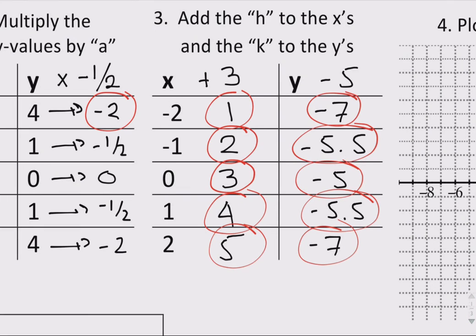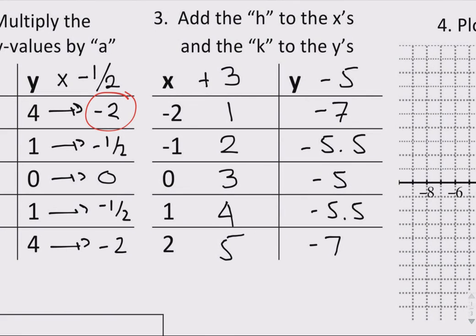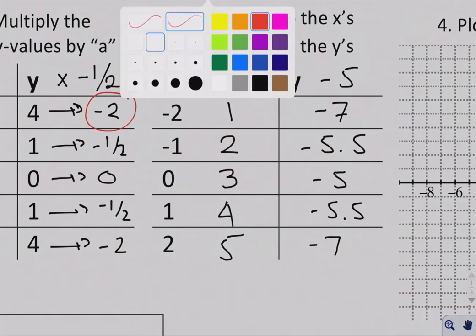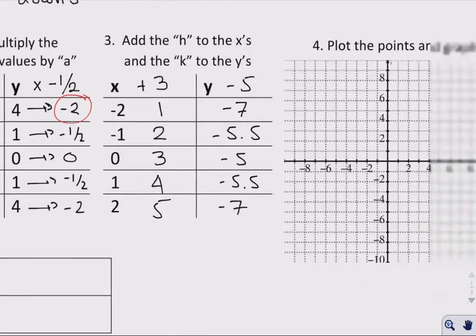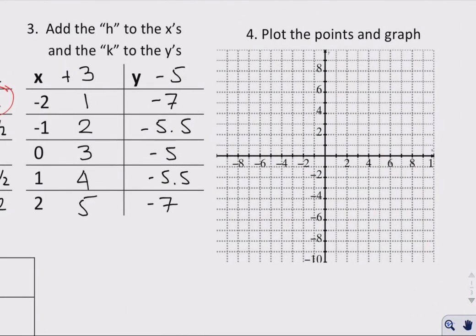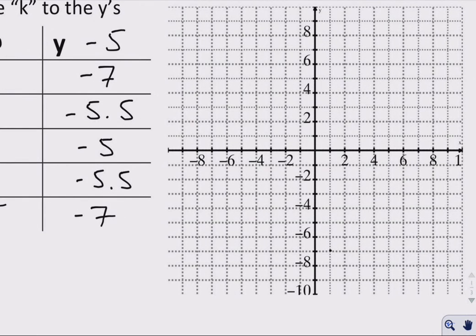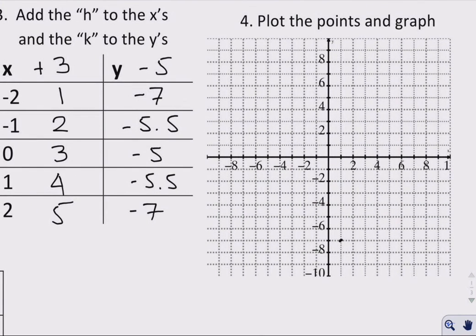And let's take a look at what that looks like on my graph. So I'll just undo this, clean it up a little bit, and go over to our grid here. So 1, -7 is going to be right about here. 2, -5.5 is going to be right about here. 3, -5 is going to be right about here.